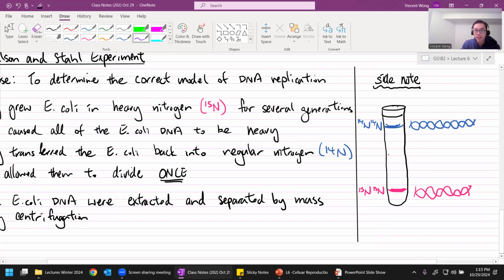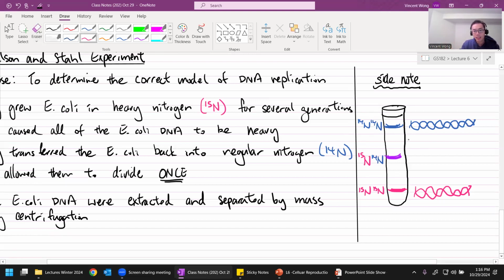And in the middle is where you will have a mix of N14 and N15. You will have half N15 and half N14. It's not as heavy as 15-15 and it's not as light as 14-14. So it's going to be somewhere in the middle.